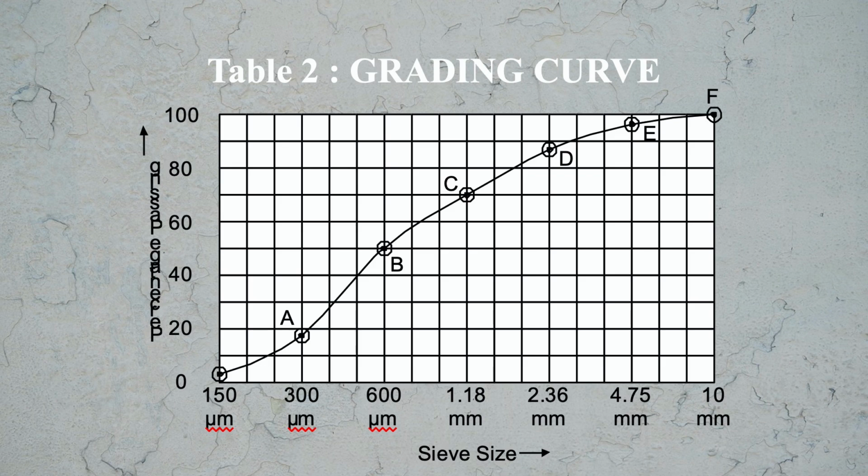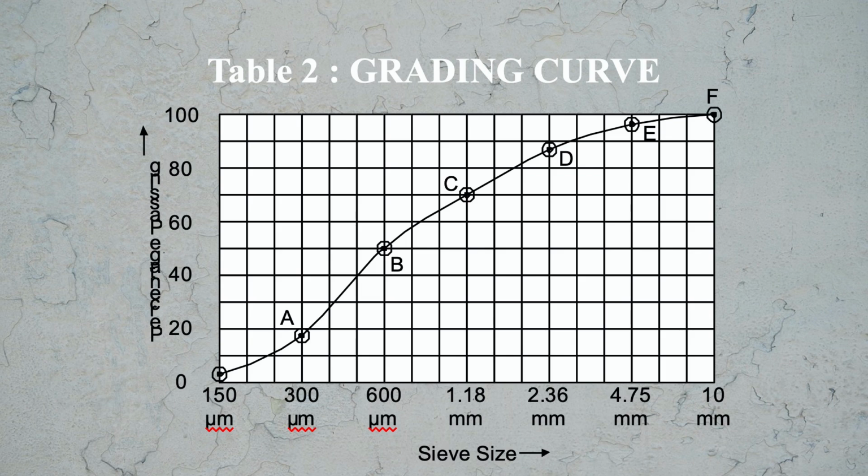And from E to F, the percentage is very small, and the sieve size varies from 4.75 mm to 10 mm. Here this size of aggregate is almost missing in the sample. So this is the meaning of this curve, how it is read.